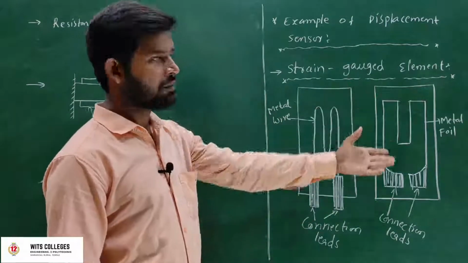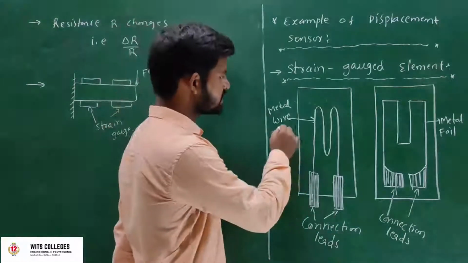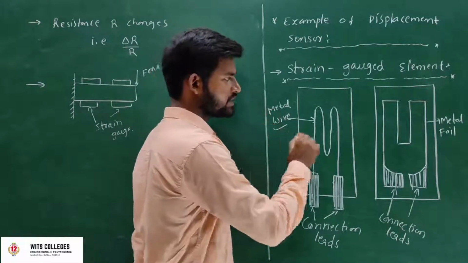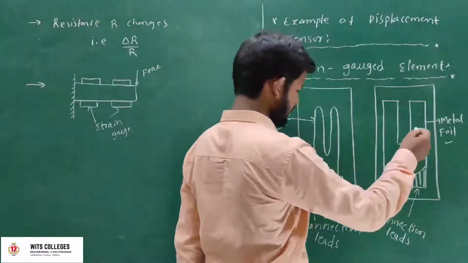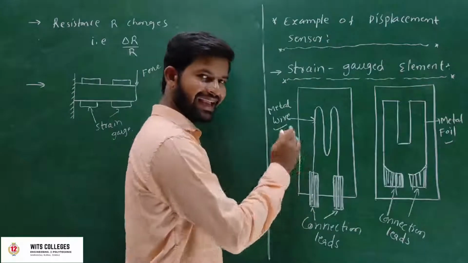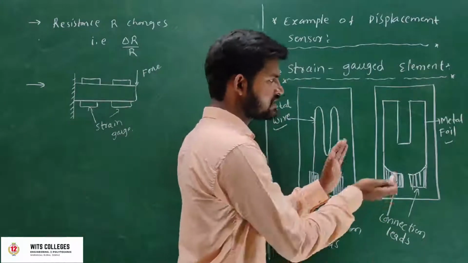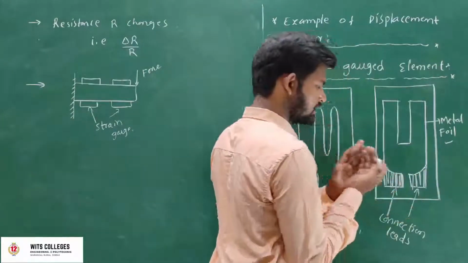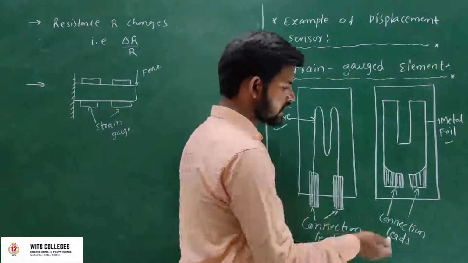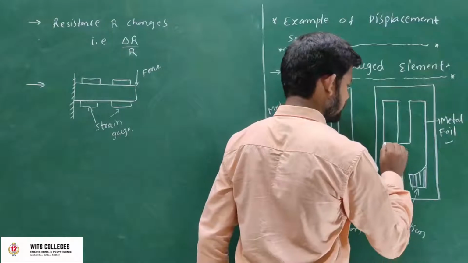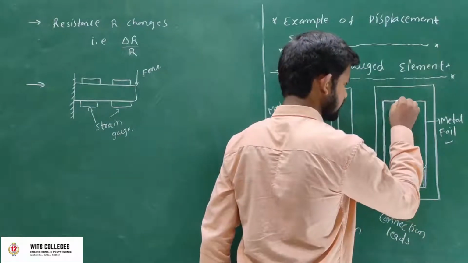The strain gauge element consists of metal wire as well as metal foil, and the metal wire is connected with connection leads, and the metal foil is also connected with connection leads. This is the metal foil.